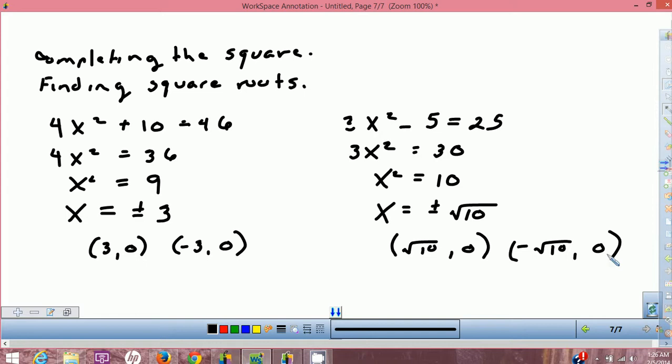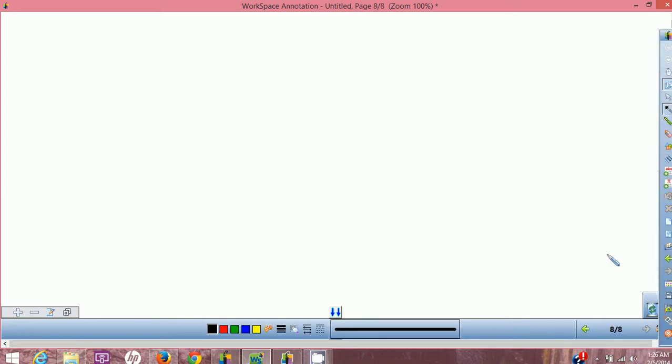Another type of problem that we can solve with square roots, just a little different from what we're going to solve when we actually use completing the square, is if our problem is what we call a perfect square trinomial.